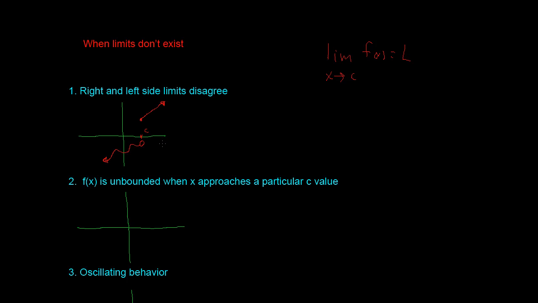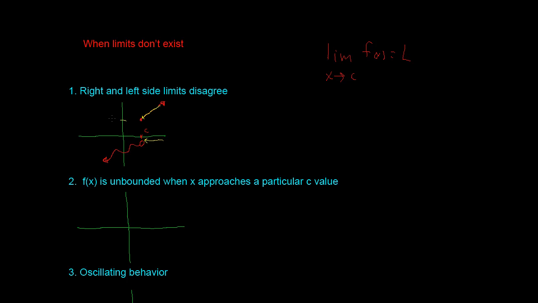Well, just using the graph here, you can see that as we approach c from the right-hand side, as x gets close to c from this direction, your function value is approaching whatever this y value is right here.